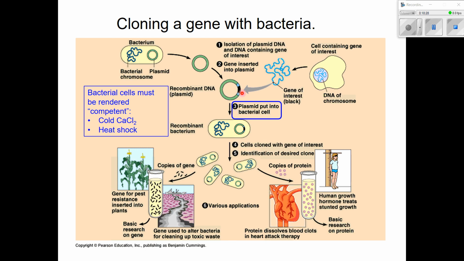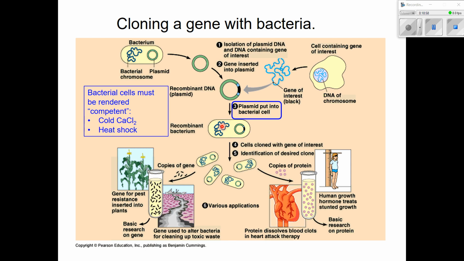And that is accomplished by an enzyme that we've talked about before back when we were learning about DNA replication. It's called DNA ligase, and it forms covalent bonds here and here to seal the gene of interest in place. So now we must get that recombinant plasmid to physically go back into a living bacterial cell.